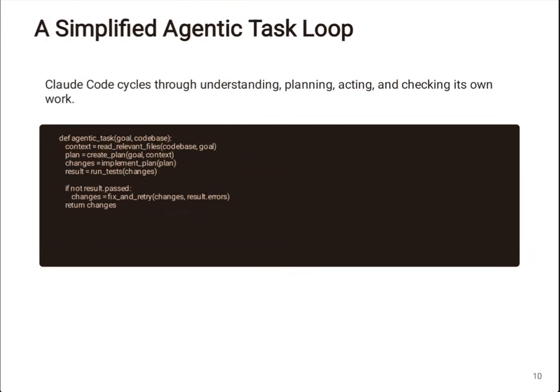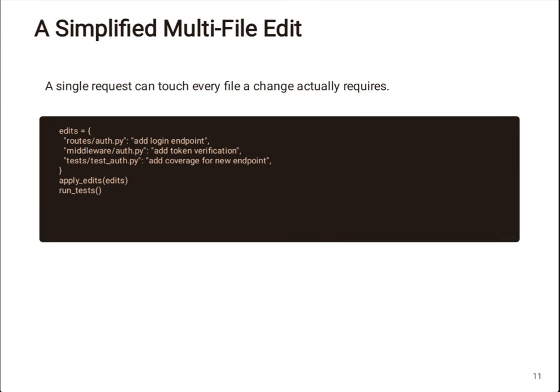A simplified agentic task loop: Claude Code cycles through understanding, planning, acting, and checking its own work. A simplified multi-file edit: a single request can touch every file a change actually requires.